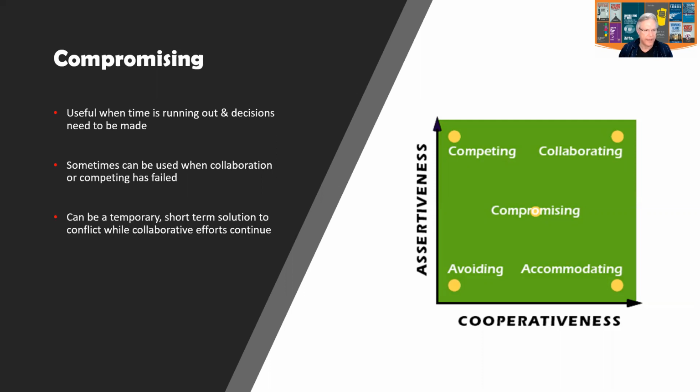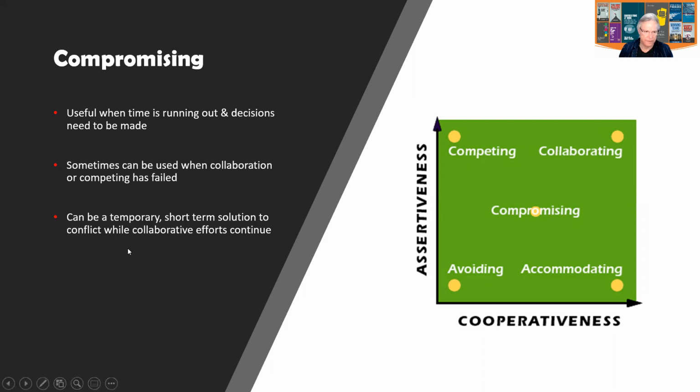Another case where that would be useful is in temporary short-term solutions. So you might say to your team member, let's do this in the short term. And when we get through the short term, how about we then come together and see if we can collaborate on a long-term solution.